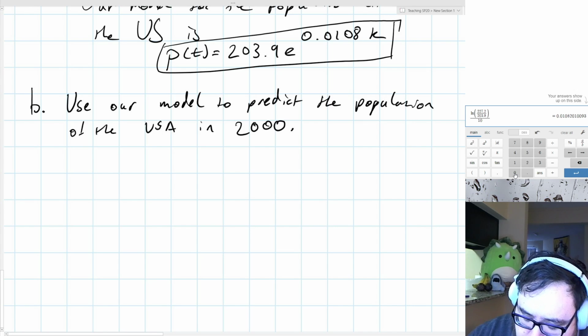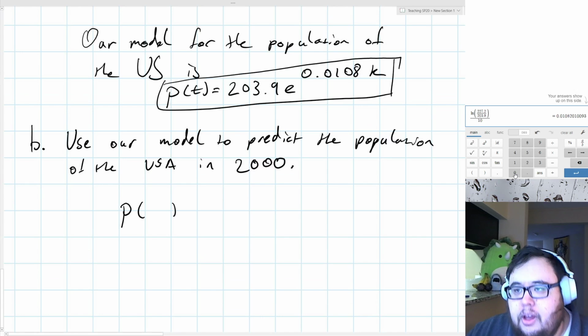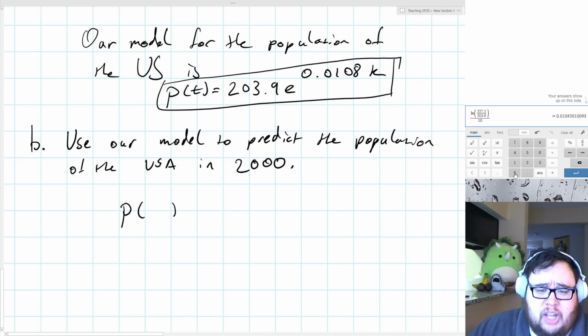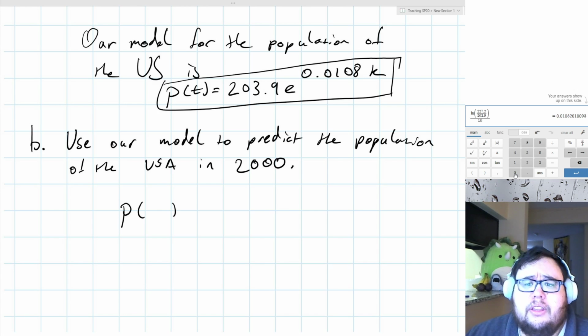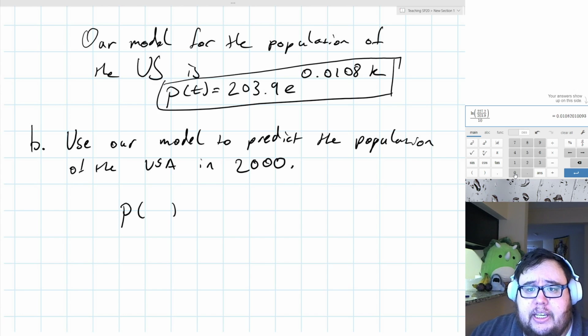Okay. So in this situation, we're going to plug something into this. The temptation is to plug in 2000, but we can't do that. Our model is not in terms of the year AD or BC or CE or whatever. It is in terms of years since 1970. So what we're plugging into our population function is not 2000.